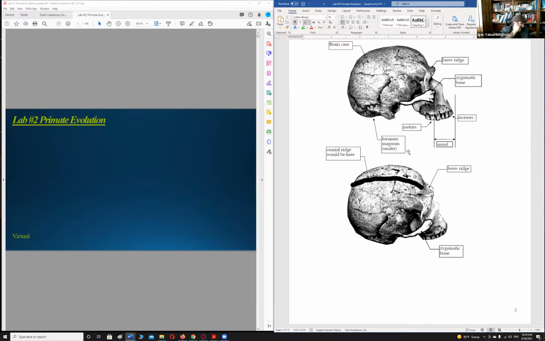Then there is a zygomatic bone right here, sometimes referred to as the zygomatic arch. This is where the chewing muscles go through. The size of the zygomatic bone is very important in human evolution overall. So we've got our sagittal crest, our brow ridge, our zygomatic bone.